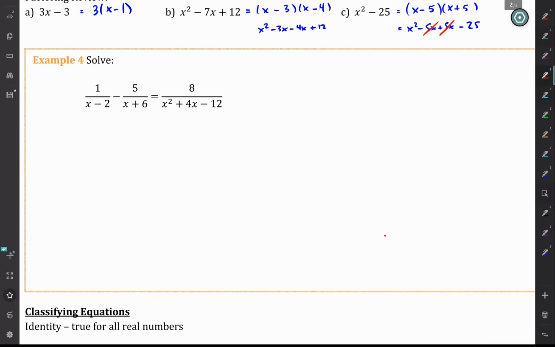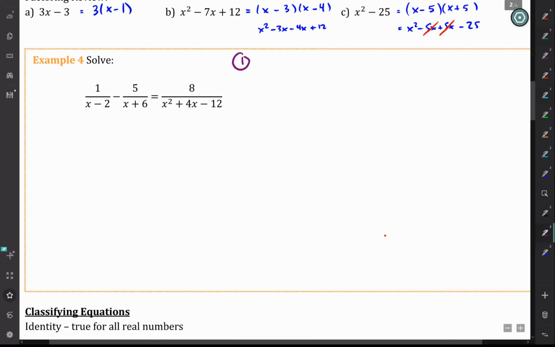Okay, so now that we've done a little review, we're going to try and tackle example 4. This is a little bit longer problem. But remember, step number 1 is to find any restrictions.